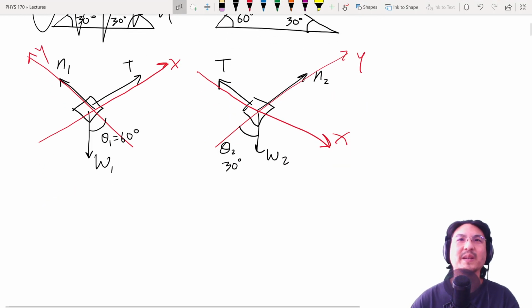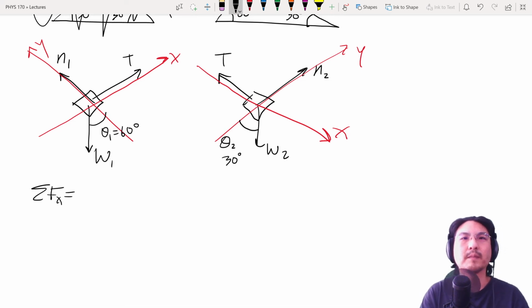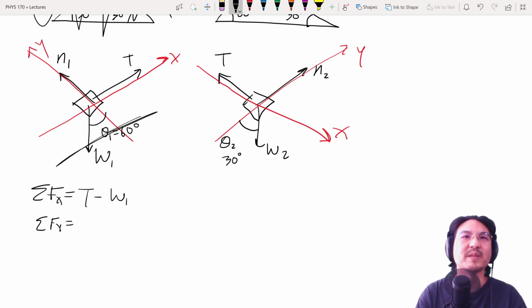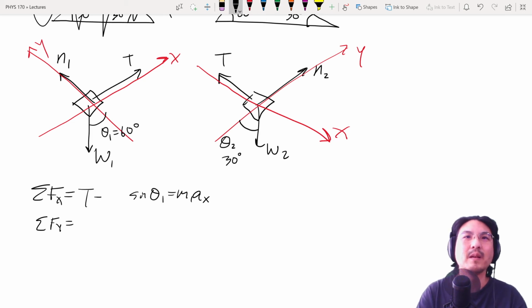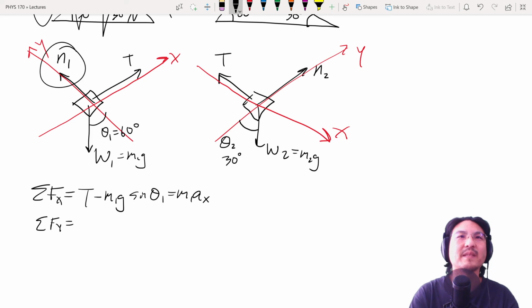Okay, so now let's write Newton's second law decomposed. For this one, in the x direction, I picked x here. So T, this way, is opposite the angle, sine. I'll just say that's mass 1 and mass 2. I'll just call this m1g. In the y direction, I got this and this.